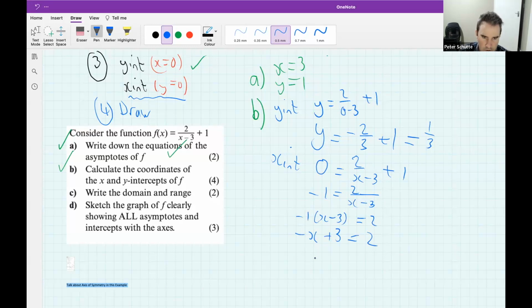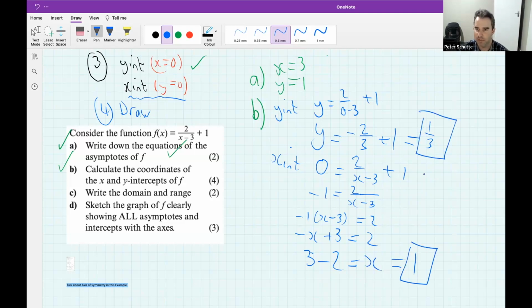So I think what I'm going to do is I'm going to say that x is 1. So the x-intercept is 1 and the y-intercept is a third. So watch out for this x-intercept. It is a little bit sneaky.